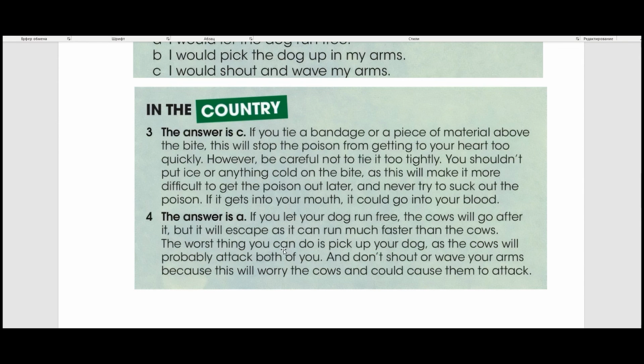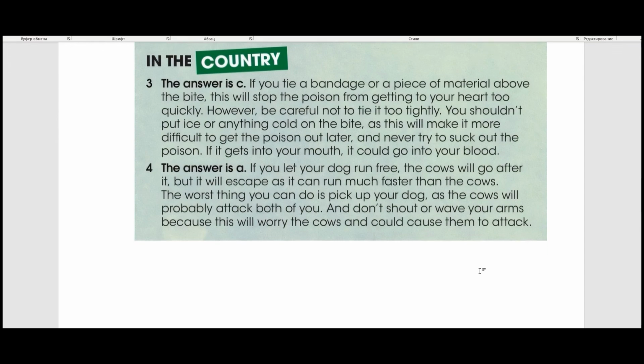Самая худшая вещь, которую вы можете сделать, это подобрать или взять собаку на руки, так как коровы, возможно, попытаются атаковать вас обоих. И не кричите и не машите руками, потому что это обеспокоит коров и может стать причиной для них, чтобы вас атаковать. Это основная идея.